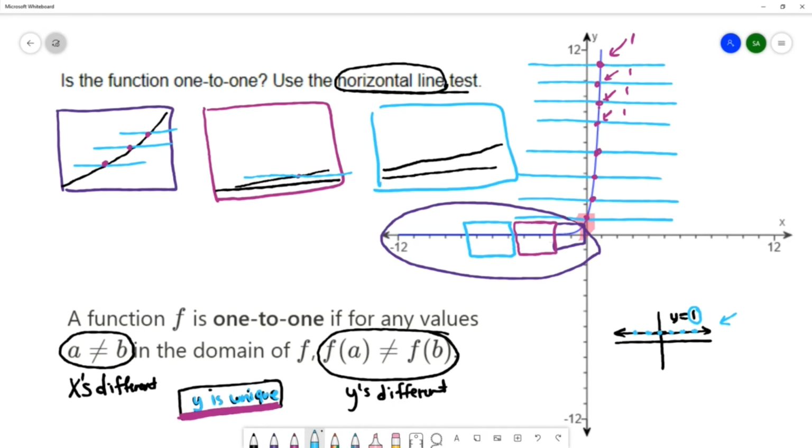There will always be a little gap in between the curve and the x-axis. So these y values, they are unique and they never repeat each other. So this function is one-to-one. Is the function one-to-one? Yes, it is a one-to-one function.